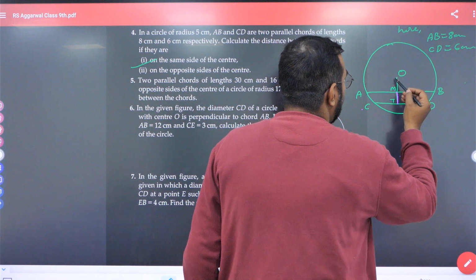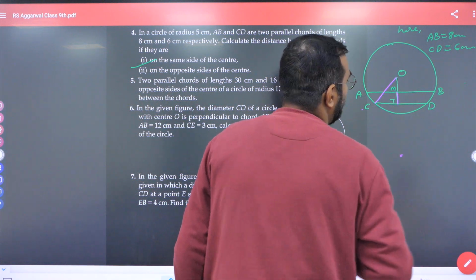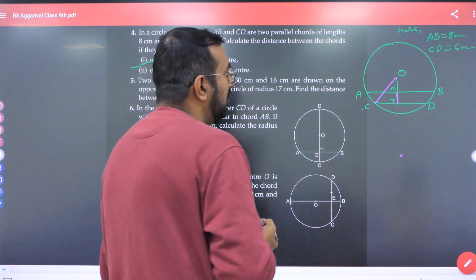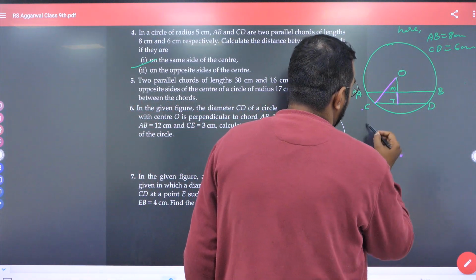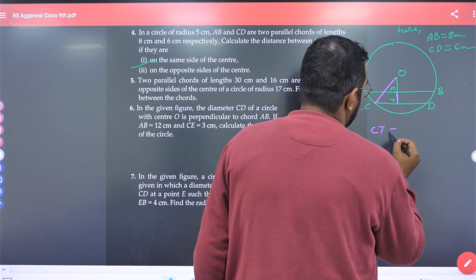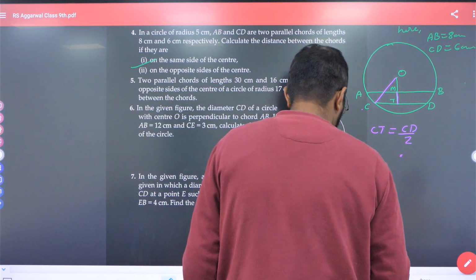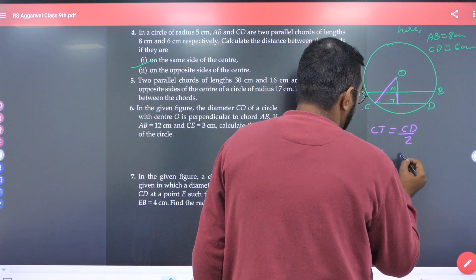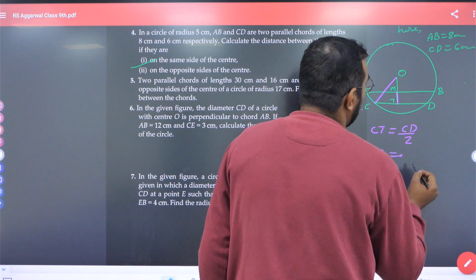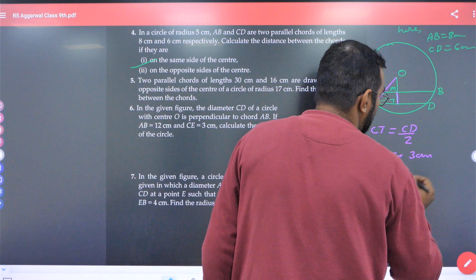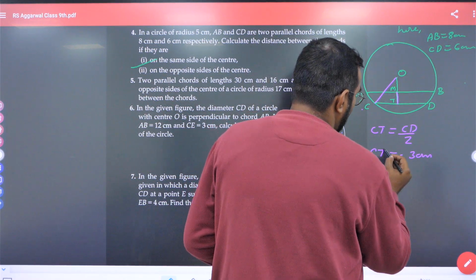So how can we find OT? To find OT, join OC. Okay? OC. Now CT is equal to half CD, right? So you can write that CT is equal to half CD, means CD is 6, so 6 by 2, that will be equal to 3 centimeter, right?